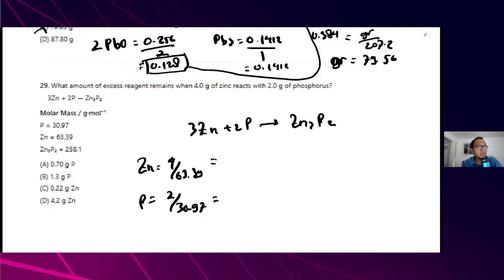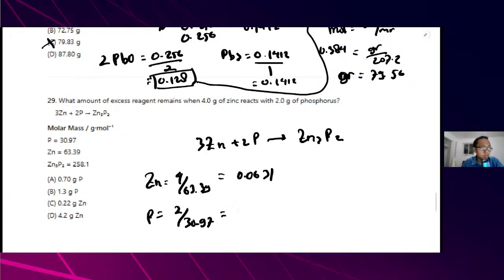And then I already found out the mole of each part. So this one will be 0.0631, and then this one will be 0.0646. Okay, and then we plug over here.